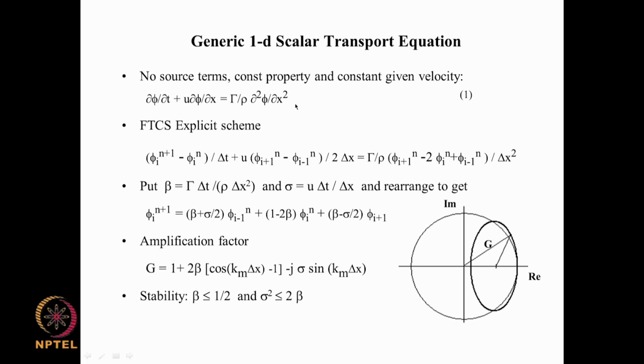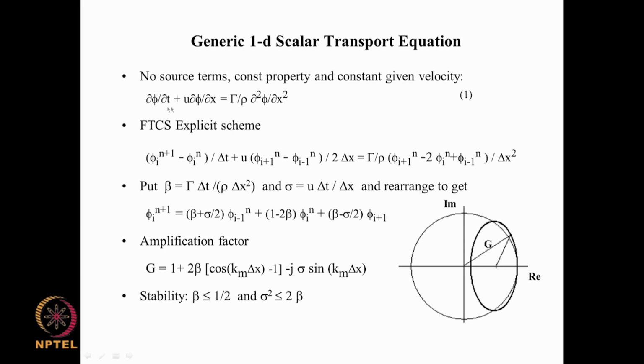It is also known as the viscous Burgers equation, and it has contribution to phi variation coming both from the advective term, which we have seen earlier, and the diffusive term. So, in a way this is mimicking the basic transport equation that we are trying to solve in Navier-Stokes equations.